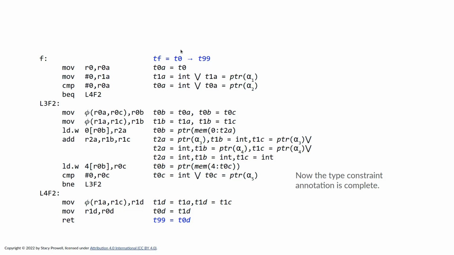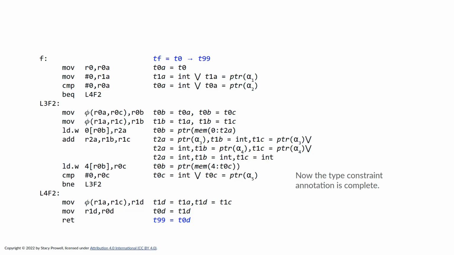And we know at the start, the input's in R0, which has type T0. So there's the type of the only argument we have. And so the type of F is T0 mapped to T99. There we go. And we've finished Mycroft's type annotation.